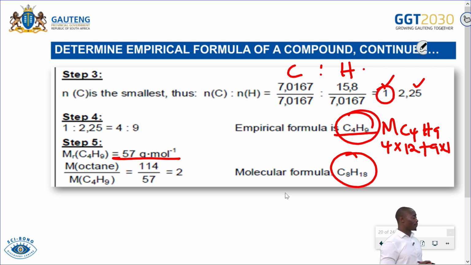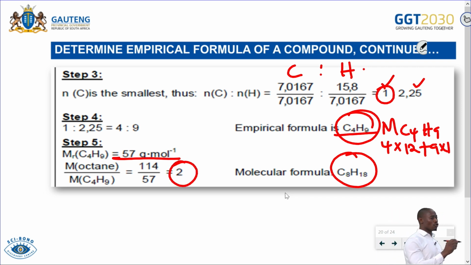Then to get the molecular formula, take the molar mass of the molecular formula, which is 114, and divide that by the molar mass of the empirical formula. So it's 114 divided by 57, which is equal to 2.